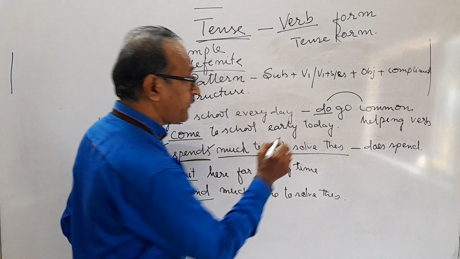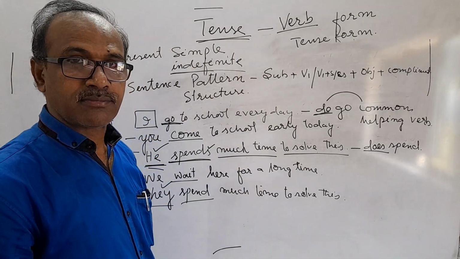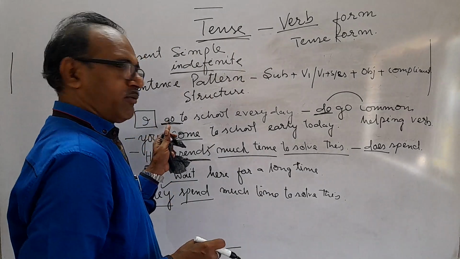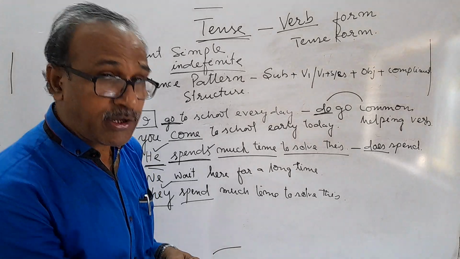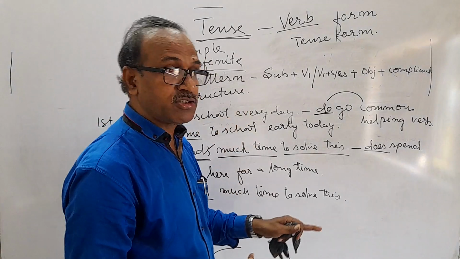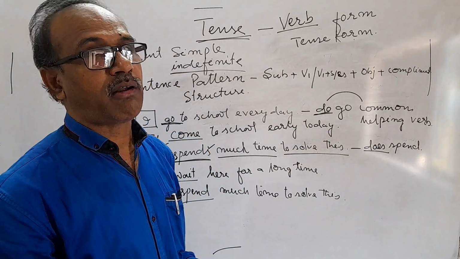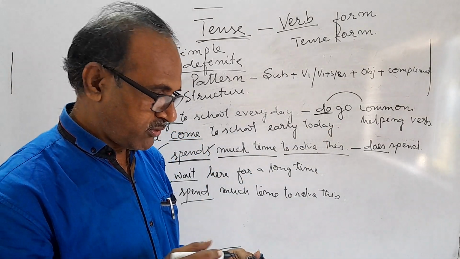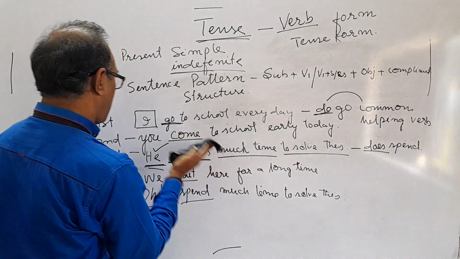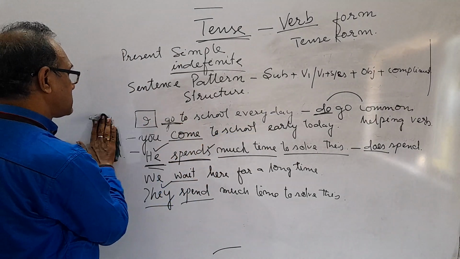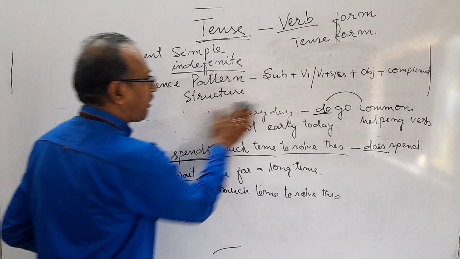But the purpose of using do is something different. Usually we don't use do in affirmative sentences, but in case of negative sentences, we must use a helping verb, that is common helping verb do or does, according to the case. So now let us think about some negative sentences where we use this do or does.